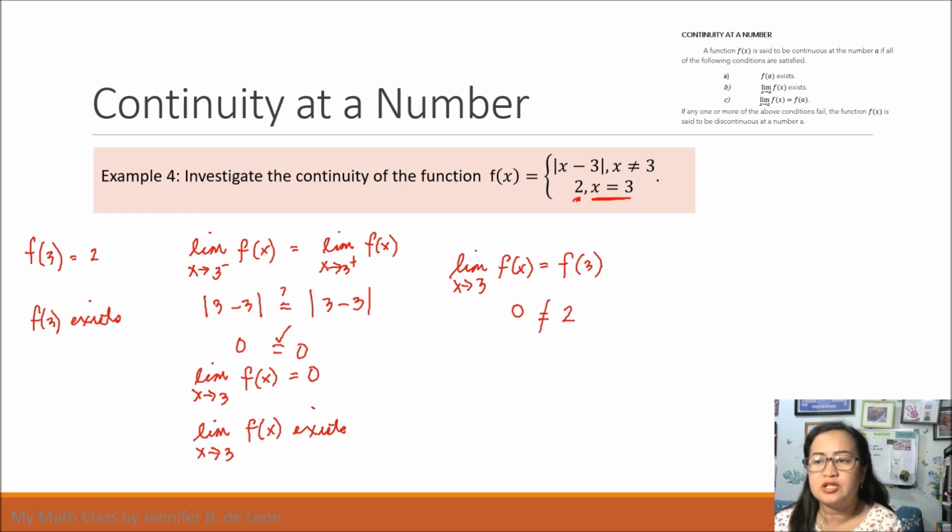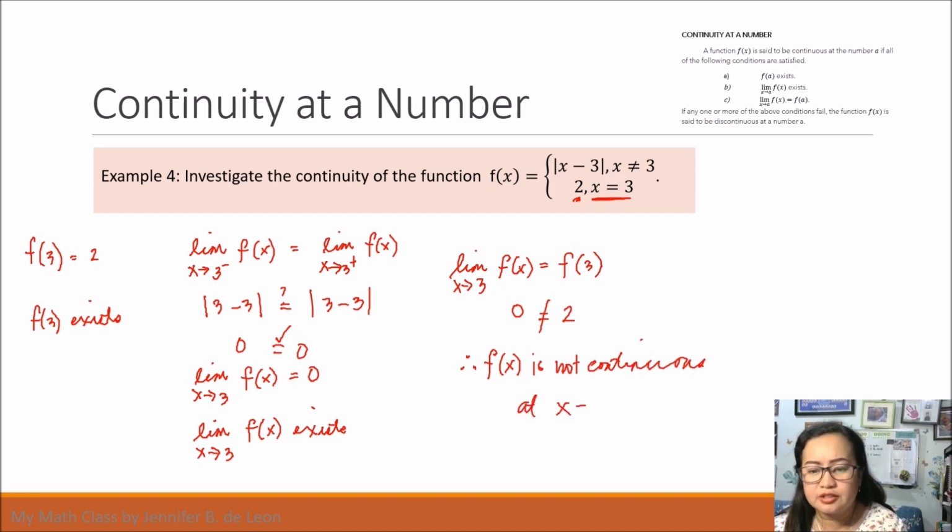Therefore, they are not equal. So we can conclude that f of x is not continuous at x equals 3. Okay, we support our answer with the graphical method.